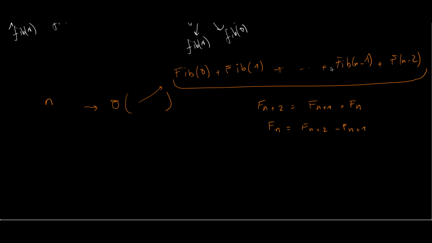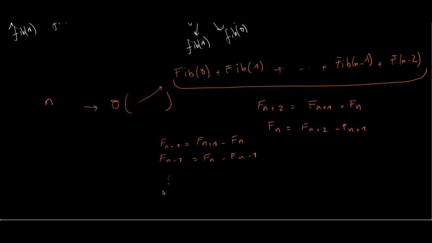So I can apply this to each term here and I will get the following. So f of n minus 1 will be equal to f of n plus 1 minus f of n. And the next term will be fib of n minus 2. So f of n minus 2 will be equal to f of n minus f of n minus 1.